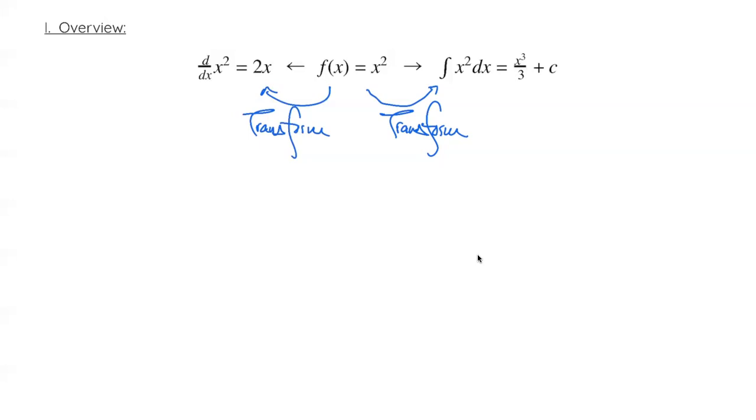And so the story of the derivative is that if I take a function like x squared, I can map it to a different function, 2x. And the story of the integral is I can take a function, say x squared, and I can map it to a different function, x cubed over 3 plus c.